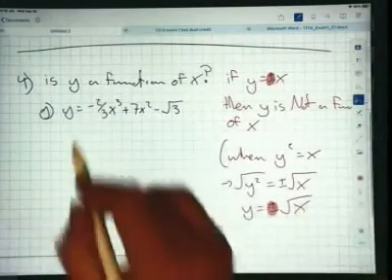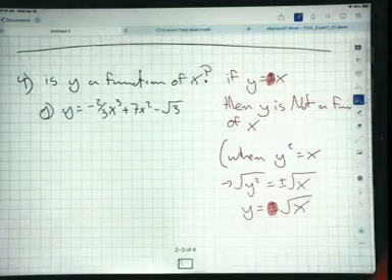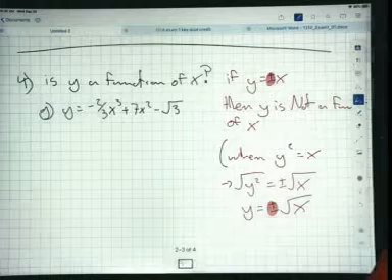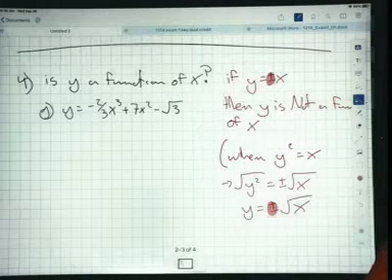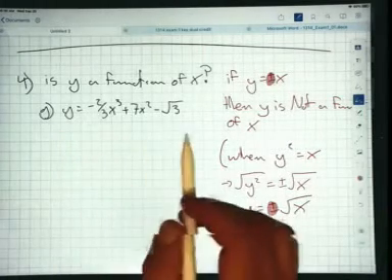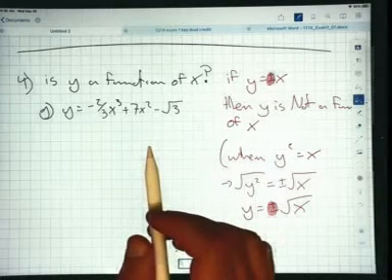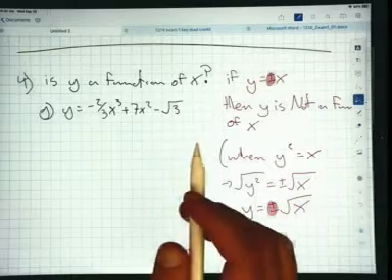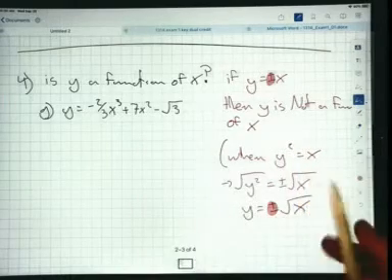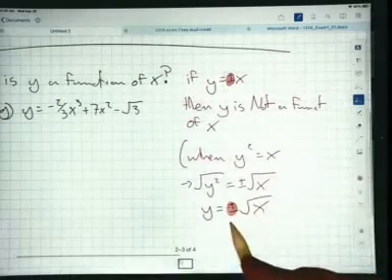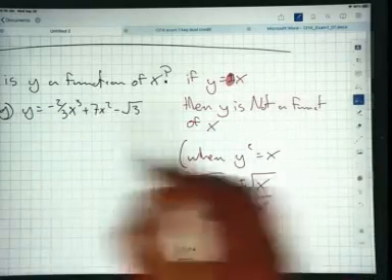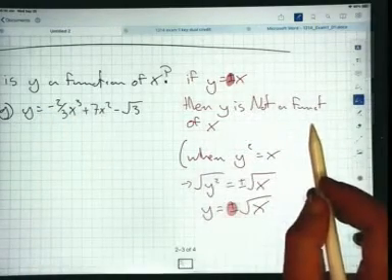So, do we have any plus or minus notation here? Do we have y is equal to plus or minus? No. So since there's no plus or minus notation, if it was y equal to plus or minus, then it would not be a function.